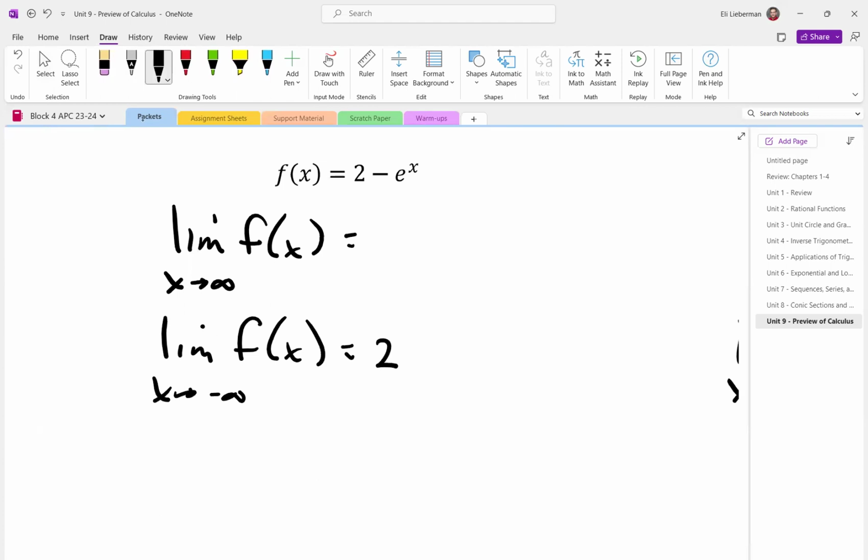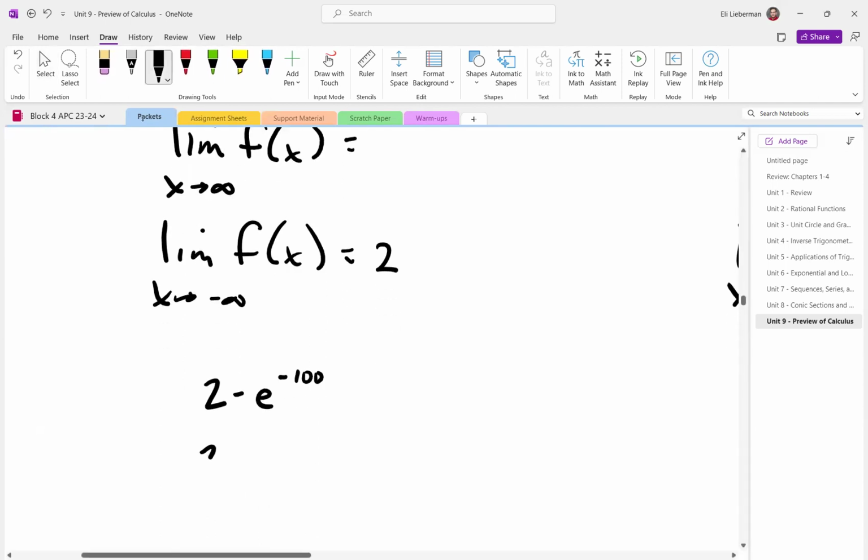Before you continue, how did you get really small? Where did that come from? A negative exponent is going to be smaller than e, like negative 100 or something like that. Yeah, same thing as saying 2 minus 1 over e to the 100. So that's really tiny, isn't it? Are we good with that? The approach is 2 there.